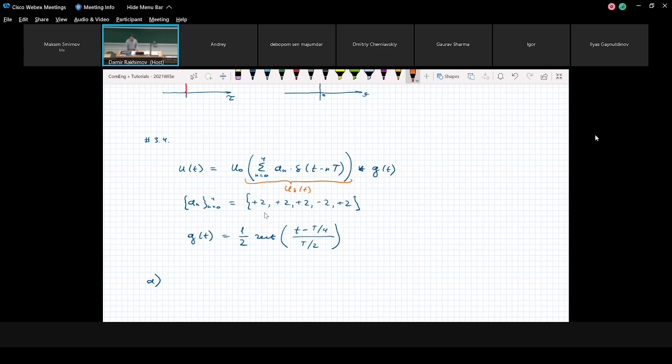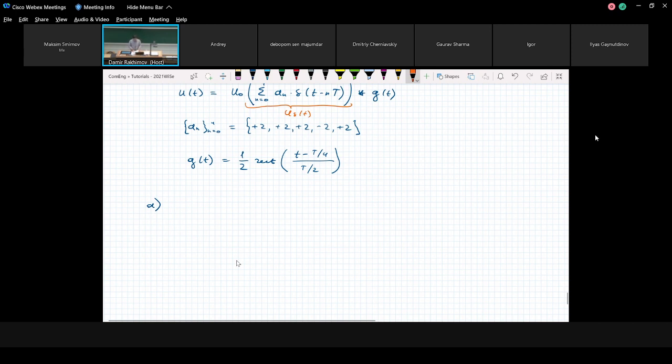For each delta pulse, we have a specific magnitude specified by a_n. Now I'm just going to plot it, and then we go to the next part. We don't have 5, we have only 4.